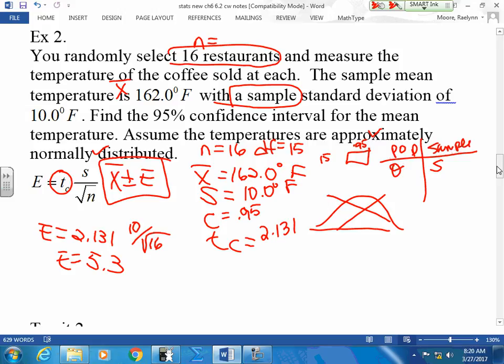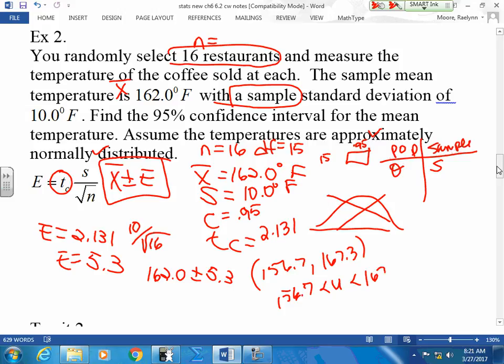So all I have to do now is take my mean, plus or minus my 5.3. And I do it the same exact way I did before. 156.7, comma, 167.3. Or I can do it as an inequality. Okay? And my statement stays the same.